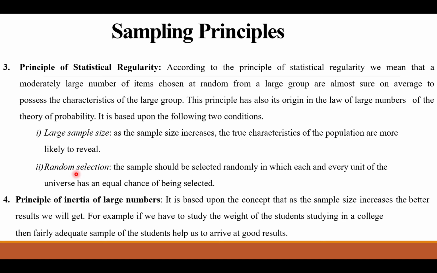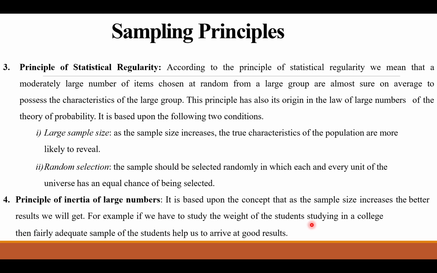It is based on two conditions: large sample size, as the sample size increases, the true characteristics of the population are more likely to be revealed; and the second one is random selection. A sample should be selected randomly in which each and every unit of the universe has an equal chance of being selected.